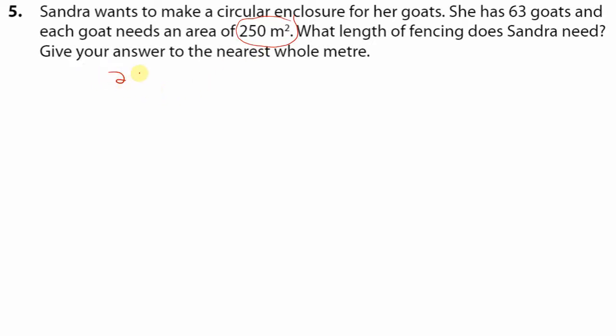So we first have to multiply 250 square meter by 63 goats to get the total area that is required by the goats. So what's 250 times 63? 15,750 square meter.